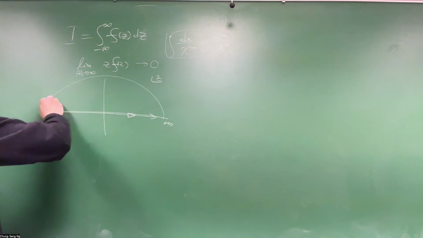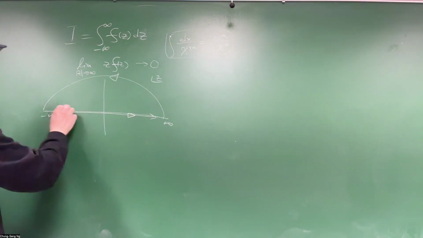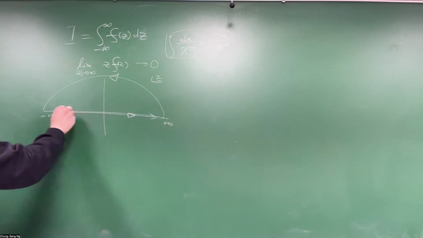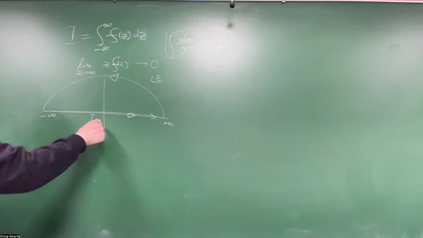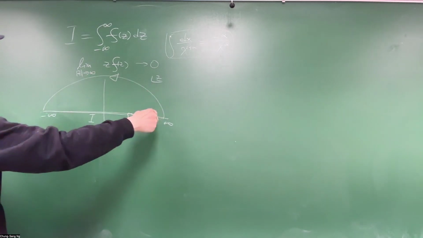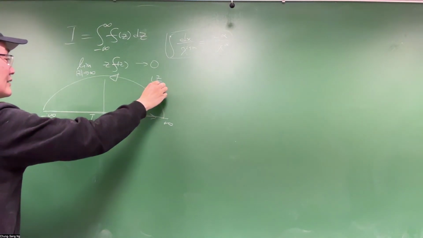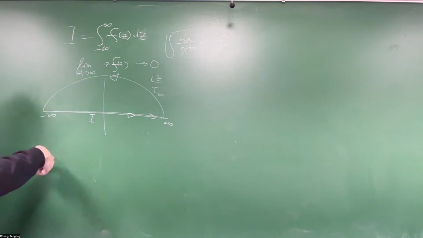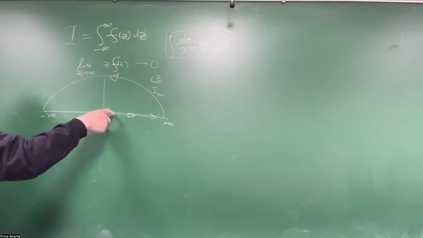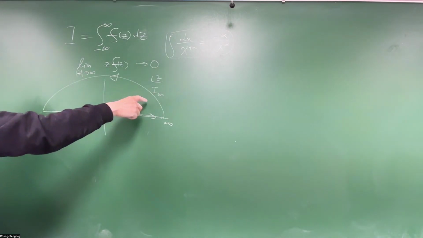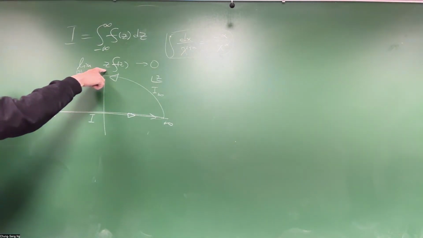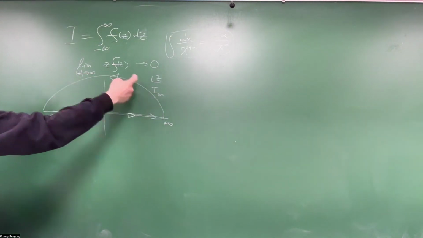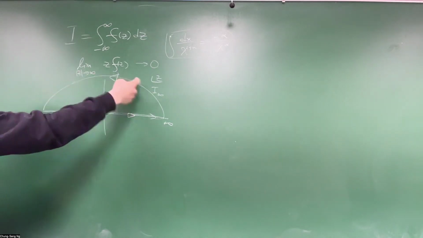So you can go in the positive direction and form a loop like that. Say this is your original integral I on the real axis, and there will be a large integral I infinity along this circle. The way to argue is that if this condition is satisfied, then the path integral along the big circle will be 0.